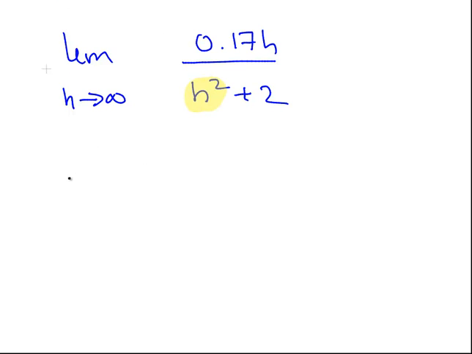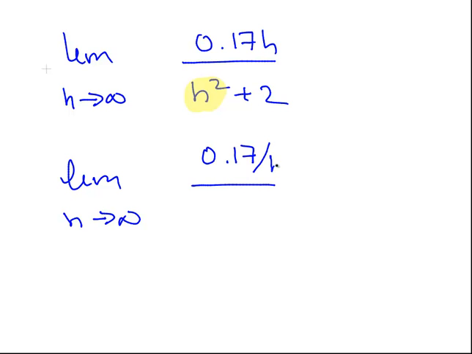So the limit as h approaches infinity of 0.17 over h, over 1 plus 2 over h squared.